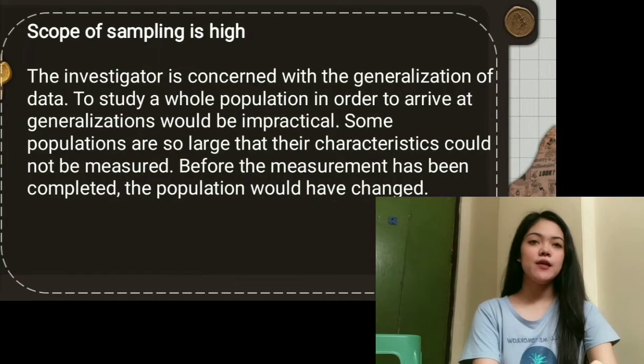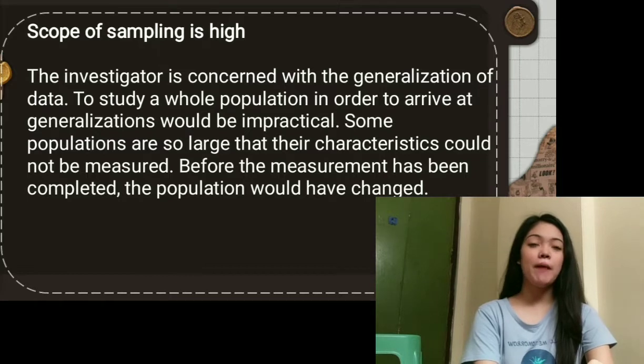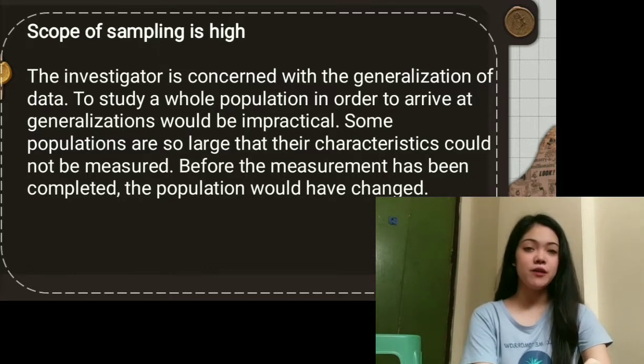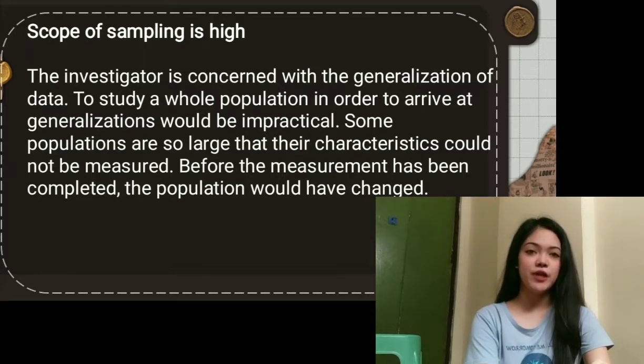The third one is scope of sampling is high. The investigator is concerned with generalization of data. To study a whole population in order to arrive at generalization would be impractical. Some populations are so large that their characteristics could not be measured. Before the measurement has been completed, the population would have changed.